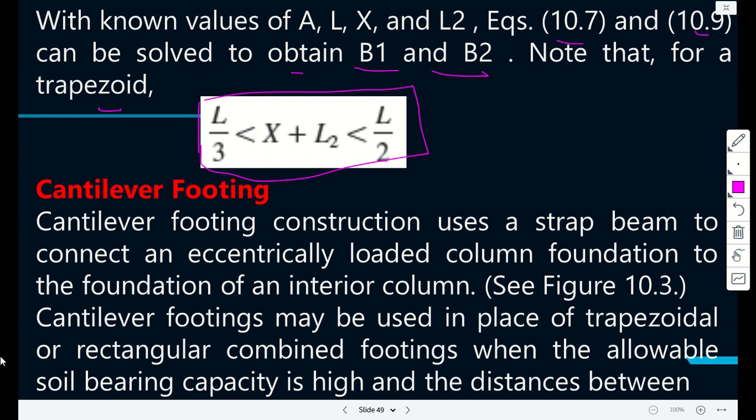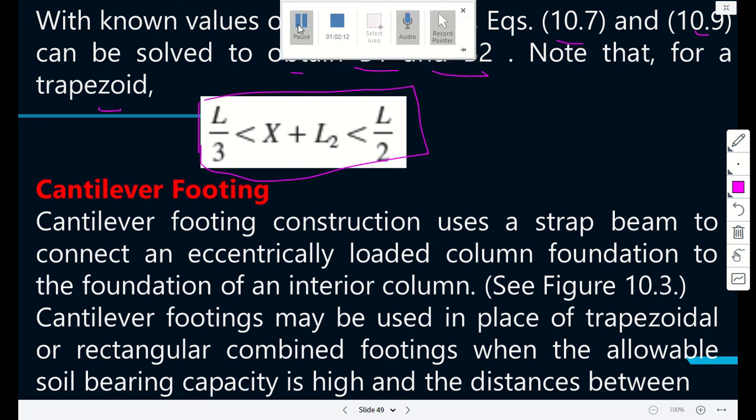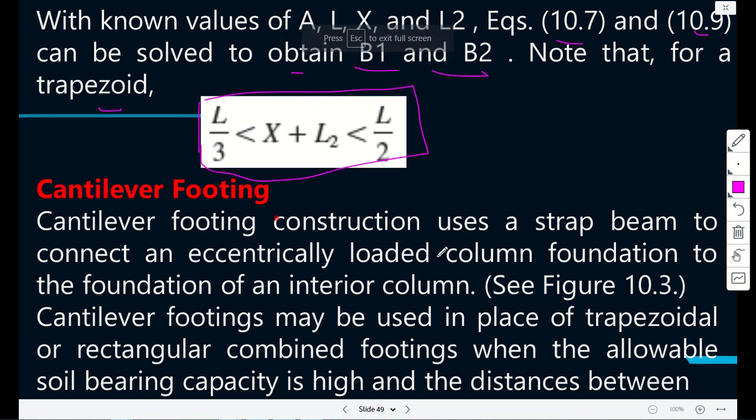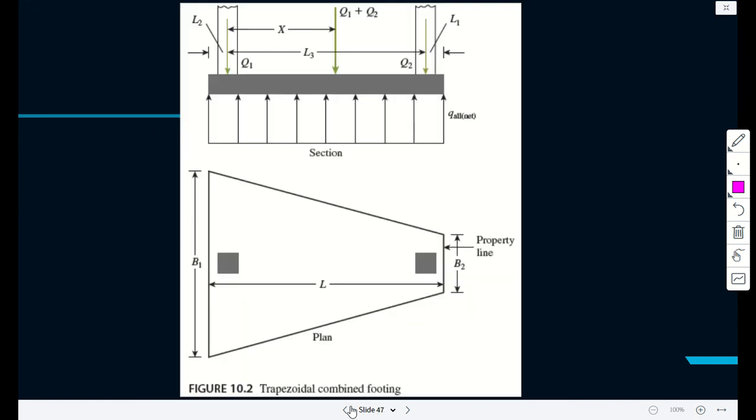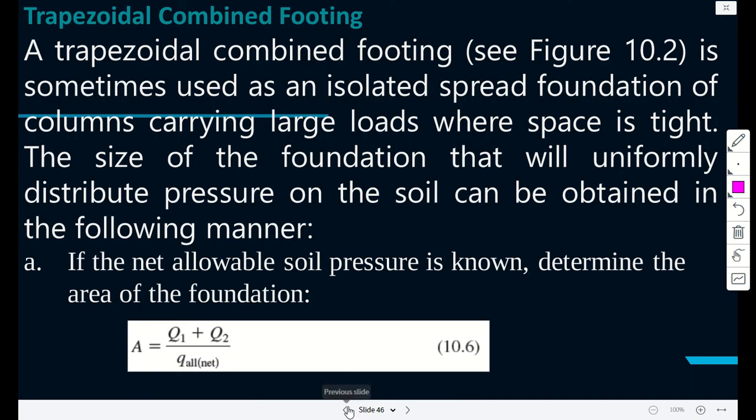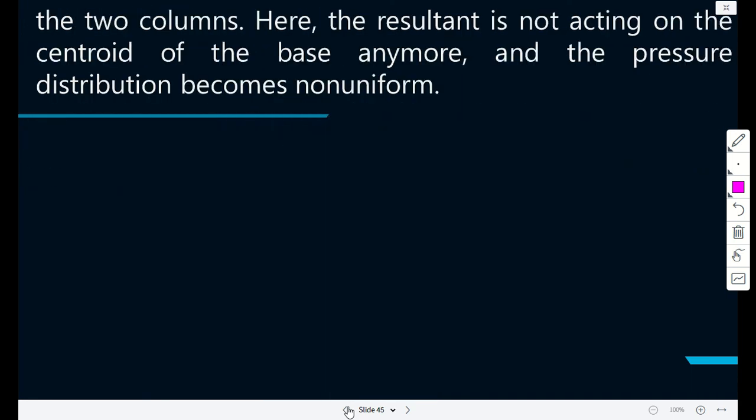Now, unless there's a question, there is what we call the cantilever footing. This is actually more of structures than foundation, so we will not say a lot about it.